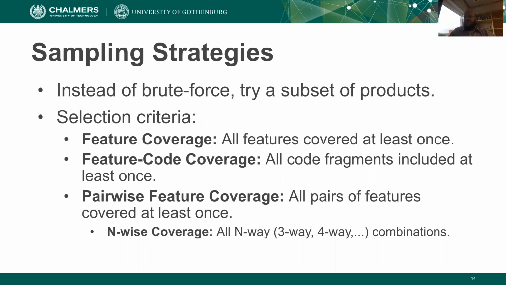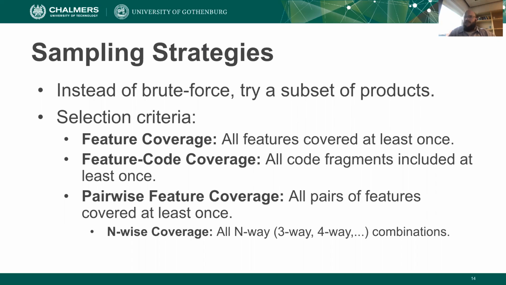We could choose interesting feature selections, derive the corresponding products from there, and simply compile those or use runtime detection mechanisms to find type errors in the sampled products. We don't check every single possible product, but we try to cover some reasonably interesting subset of those.